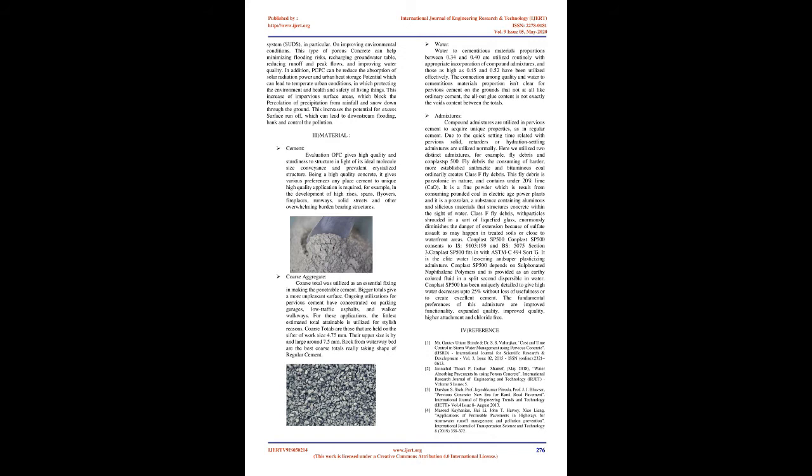Various properties of pervious concrete, for example workability, compressive strength, split tensile strength, and flexural strength at 7, 28 and 56 days, and bond strength at 28 and 56 days, have been studied experimentally. Results indicated that the strength of pervious concrete is diminished with addition of silica fume and superplasticizers. The mix proportion with aggregate size 4.75 to 10 mm performs better compared to 10 to 20 mm and 4.75 to 20 mm.